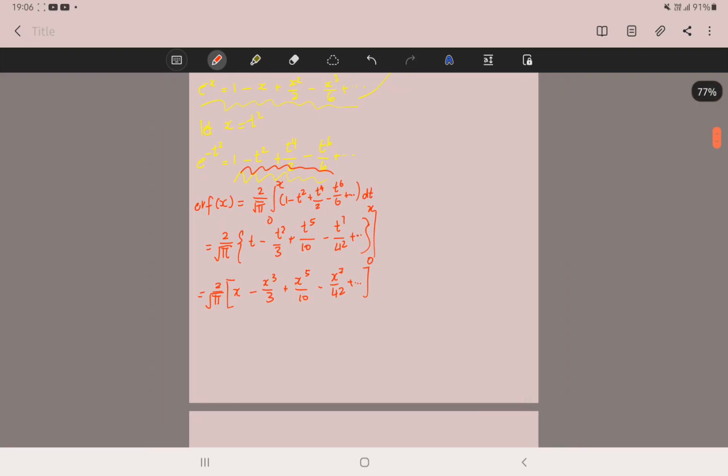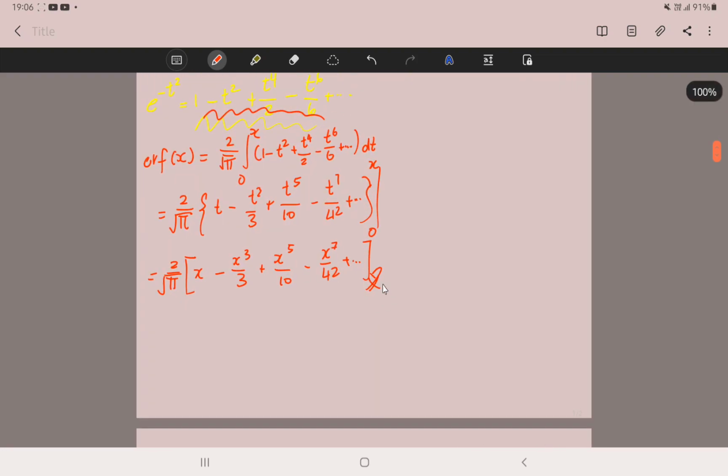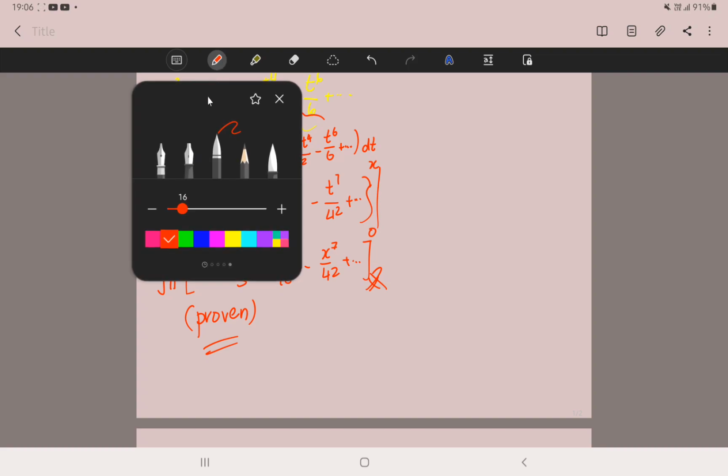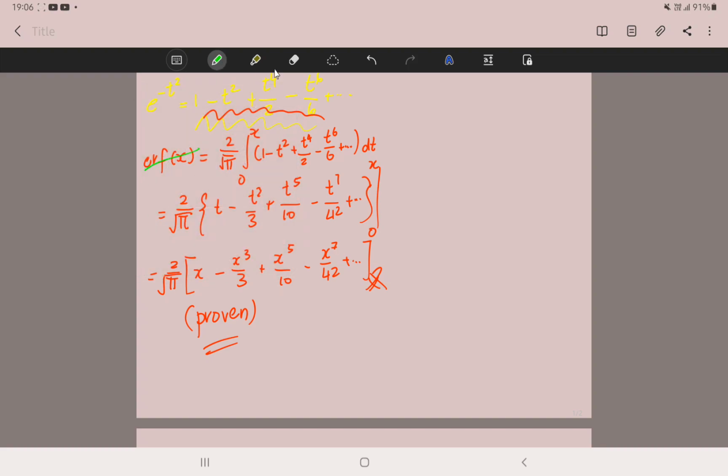Yes, it is the same. So then we write here proven, because we have proved that the error function can be written in the form of a series. Okay, this is actually an infinite series.